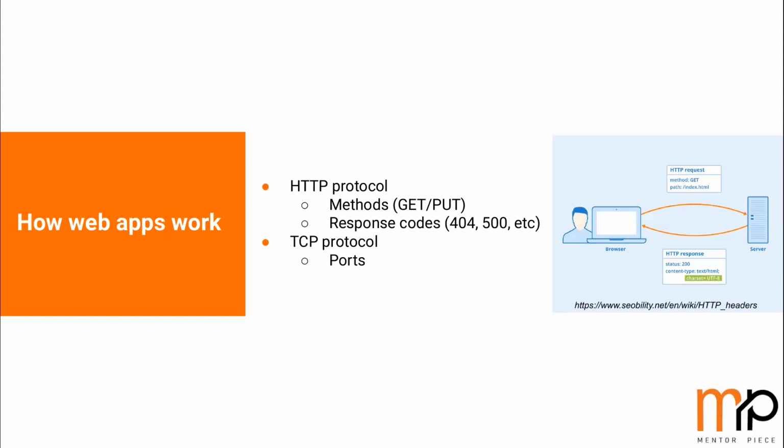To request the information, the web browser uses HTTP methods that can be GET, POST, PUT, and there are other methods. Each one has a role in different situations of the application use.